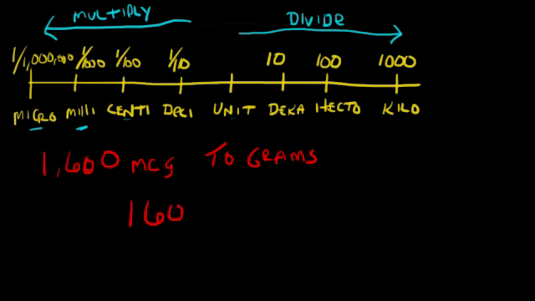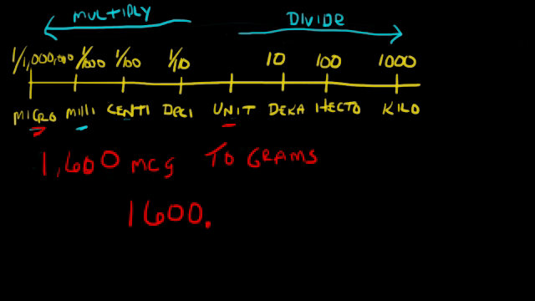Okay, so I'm going to write my 1600, and we're going from micro right here to grams, which is the unit. The difference of that is 6 zeros, because a micro is 1/1,000,000th of the unit. So we understand when we have a whole number such as 1600, that our decimal point is right there. So we're going to move our decimal point 6 places to the left.